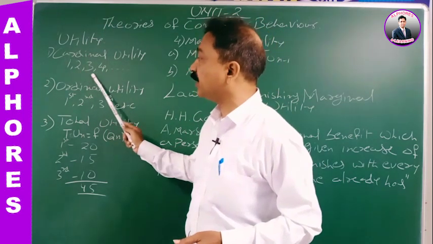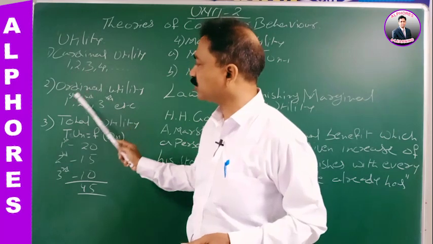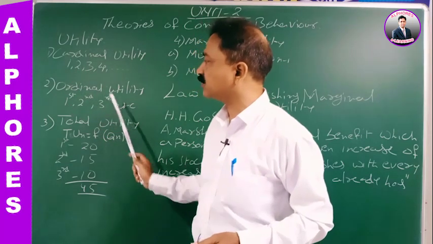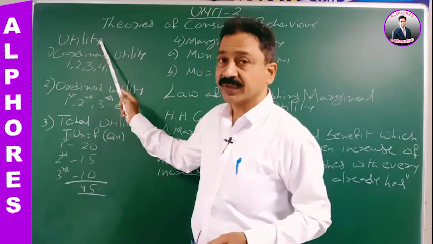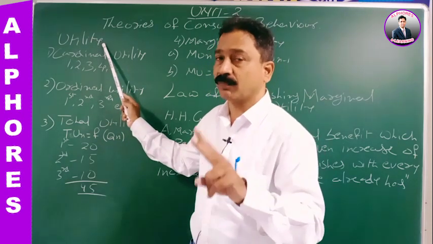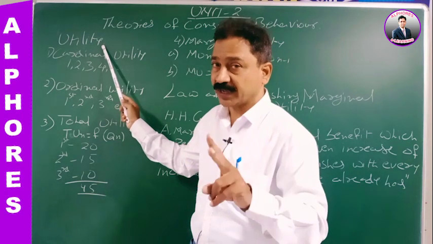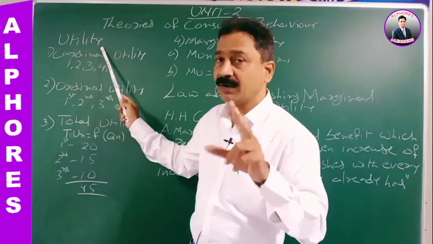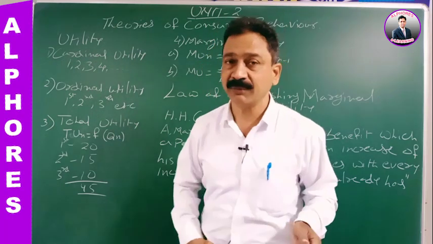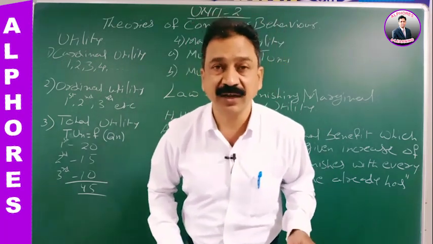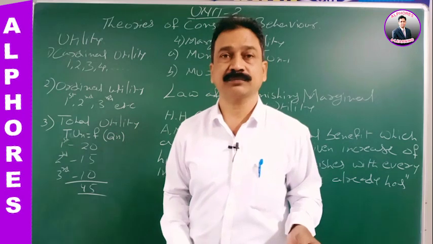These are called cardinal numbers, these are called ordinal numbers. Using the cardinal numbers to measure the satisfaction from the commodity, that is comparison and measuring, that utility measurement is called cardinal utility.